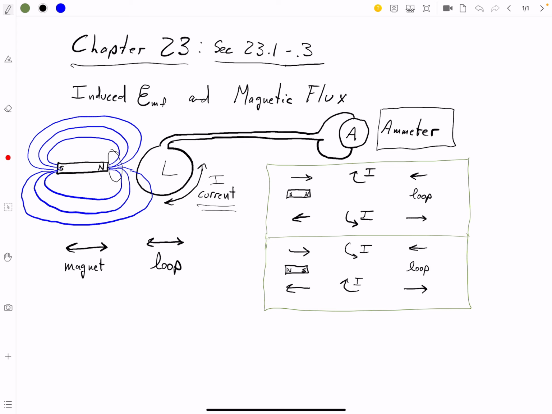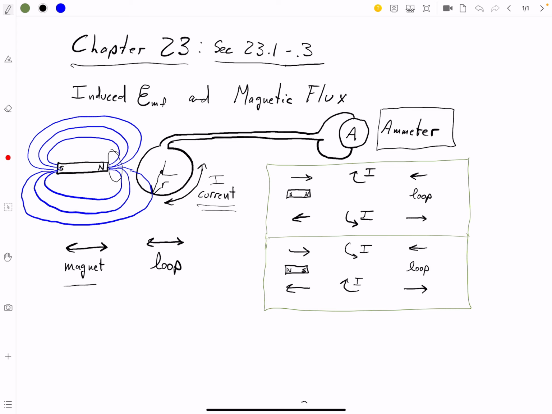So it's just one big wire with an ammeter on it, and then we've made a nice perfectly round loop with some radius r, so that the magnet will fit through it. So here's what happens.